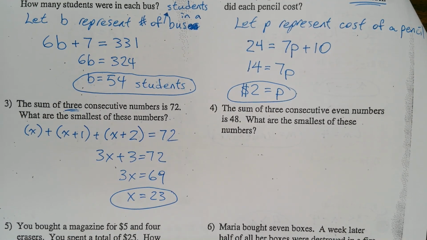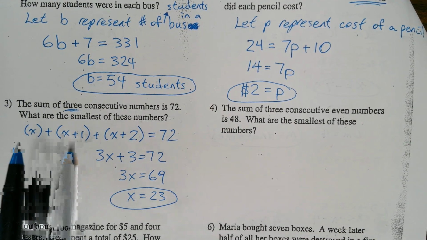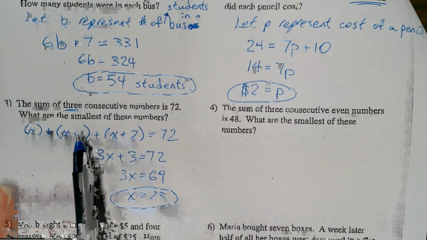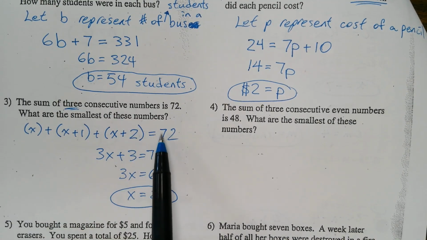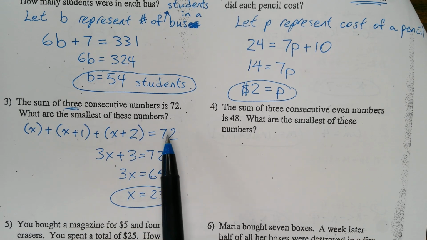All right. This is a thinking question, thinking beyond, a level 5 question. Other than x plus 1, x plus 2, how else can I represent this equation? So other than x plus 1, x plus 2 equals 72, how else can I write this equation?